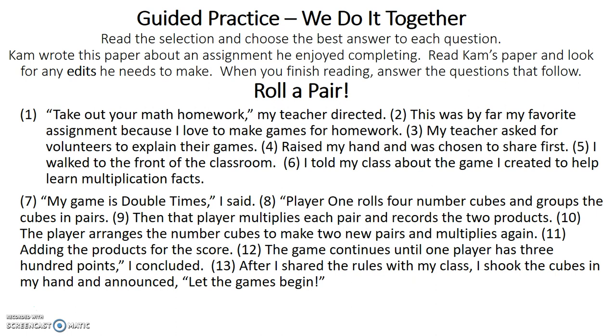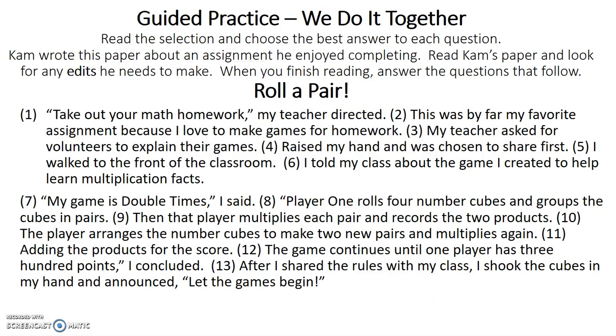All right, students, let's come back. Let's go ahead and look at the questions. Question 1 says, what is the correct way to write sentence 4? So I'm going to read sentence 4 out loud. Raised my hand and was chosen to share first.